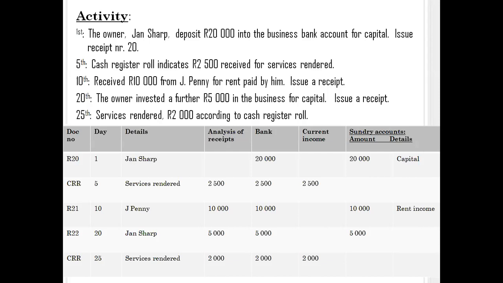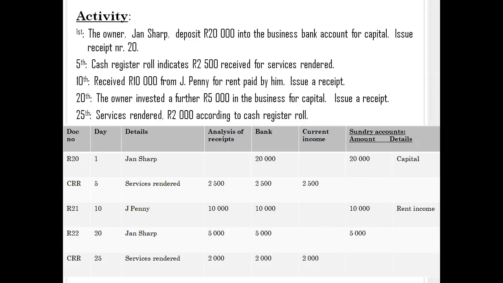Because I said that it was invested in the business. So the money was received at the business, so it must go to the safe. And then with sundry accounts, you're going to write it in. As I said, sorry, I've missed the name there. With details, you need to write the capital, because it is about a capital transaction.